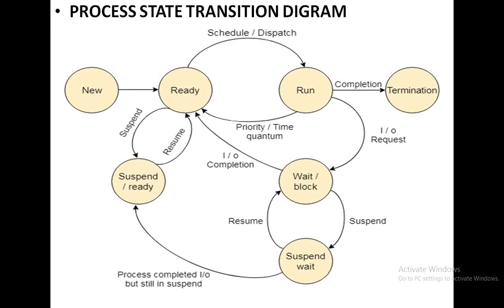Okay. So, five states are there. They are new state, ready state, running state, termination state, and the wait and block state.